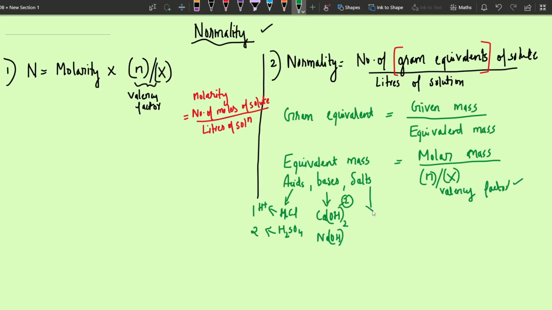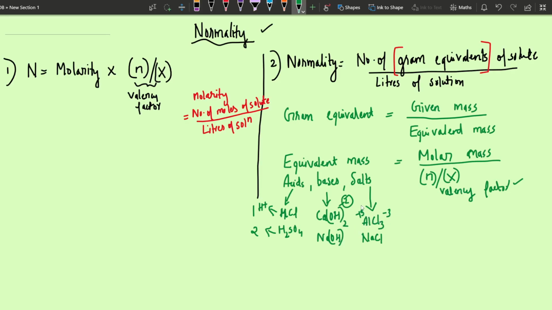In the case of salts, for example, let us take AlCl3 or NaCl. We need to look at either the charge of the cation or the total charge of the anion. Either one will do. For example, aluminium is +3 and the chlorides total -3, so overall this compound is neutral, right?